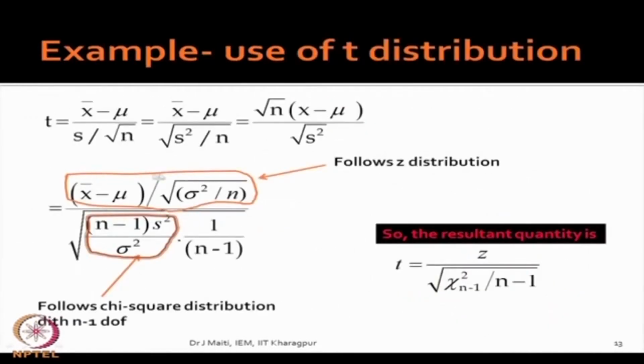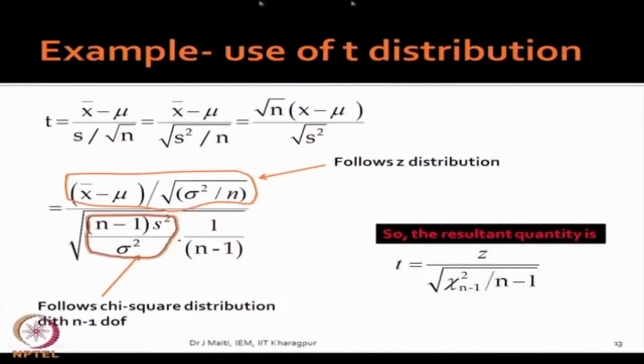So, your resultant variable is z divided by the square root of chi-square by its degrees of freedom. So, it is the T distribution, that is the use. Why will you use the T distribution in this case? So, you see this formula and appreciate it, because if you understand this, a huge problem will be solved.